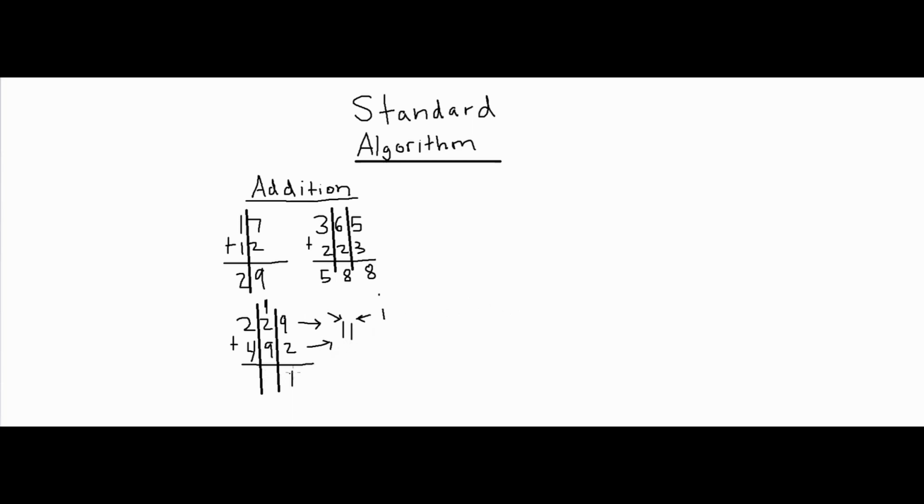So here, again, you don't write 12. We take the number in the ones digit, and that's 2. And we put that as the answer for the column.